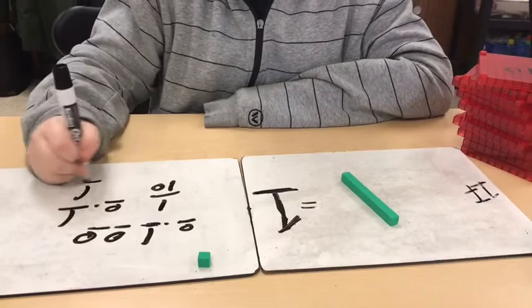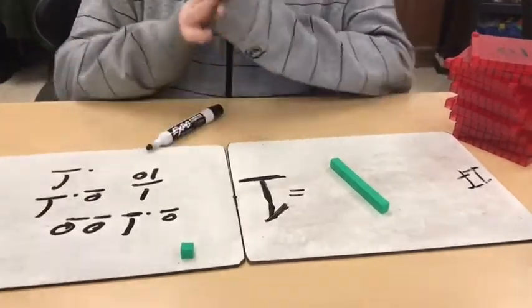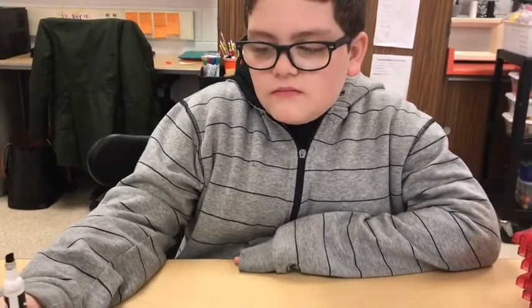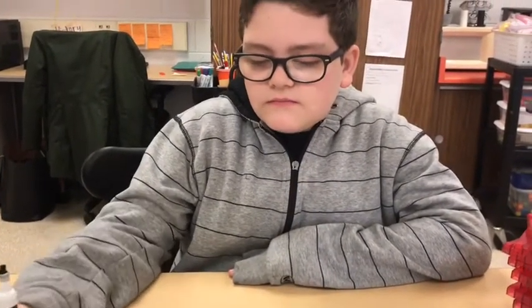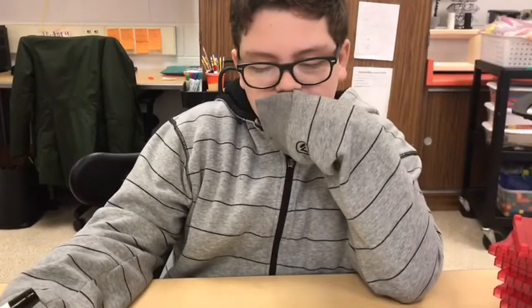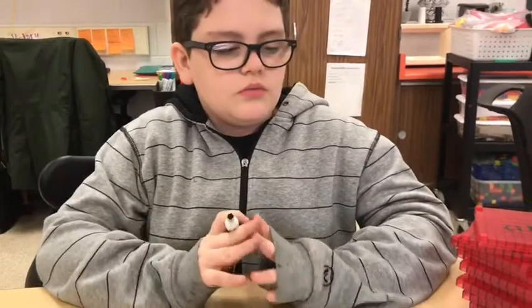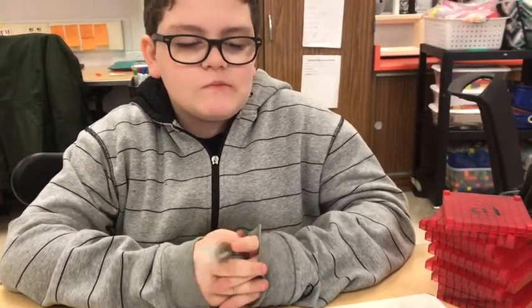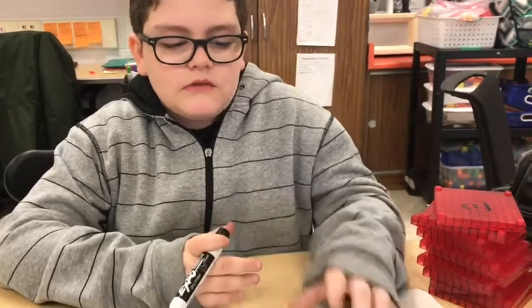Because I can never just be easy on you, can I? So what did you learn about writing fractions and decimals? What's really important to remember when you're thinking about what fraction or decimal is represented by a model? What do you really have to look at to help you figure it out? The whole.